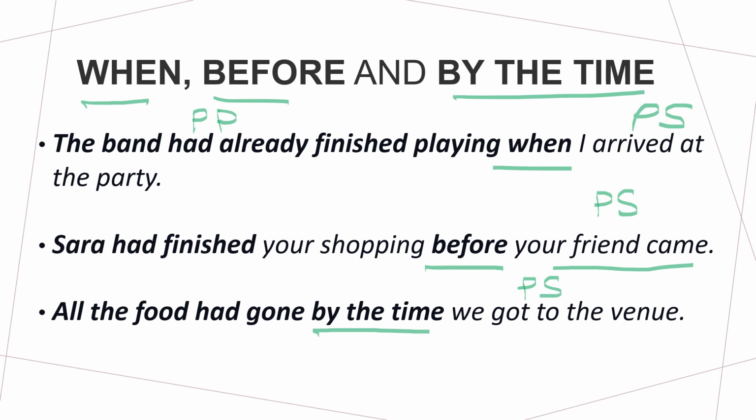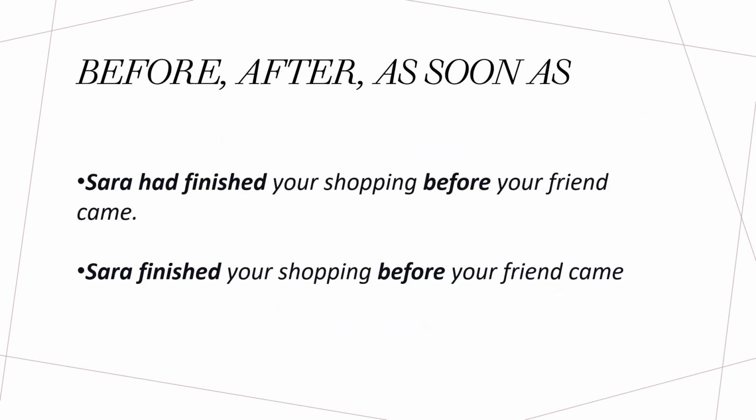So when the time relationship between two past events is clear, as with before, after, and as soon as, we often use past simple for both events. For example, Sarah had finished your shopping before your friend came.